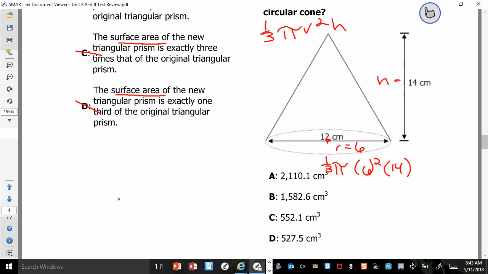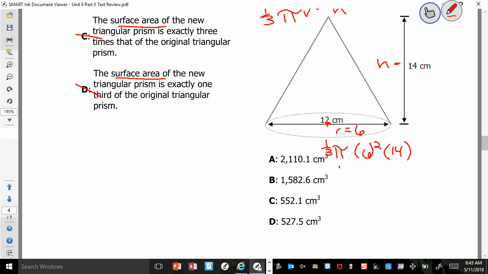That'd be 36 times 14. What's 36 times 14? 546? 546? I'm getting the wrong answer. I don't know what's happening. My calculator's broken.